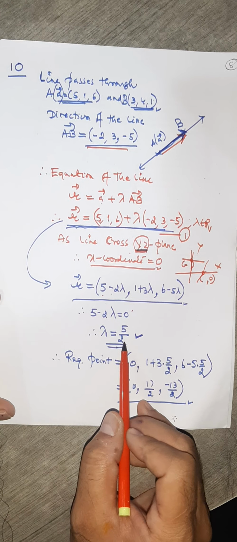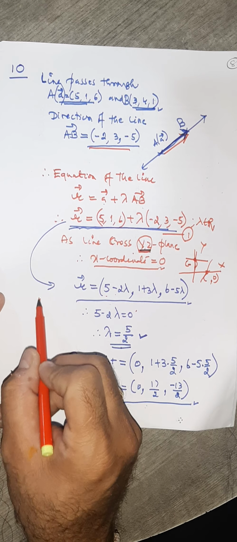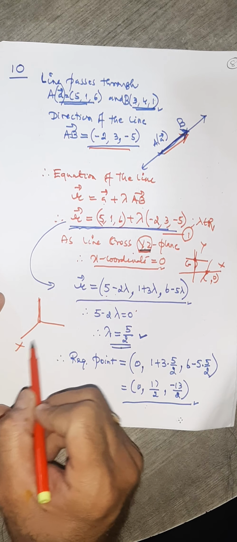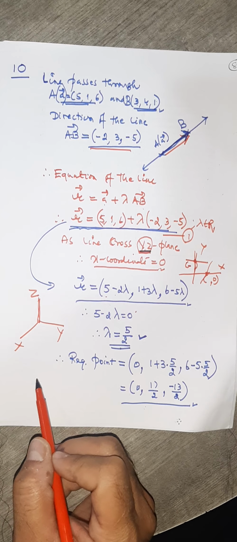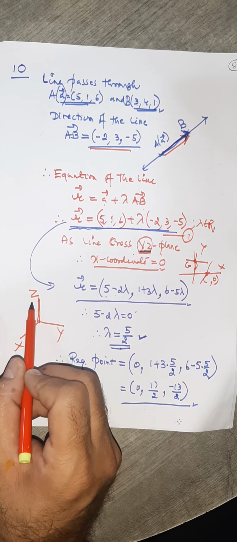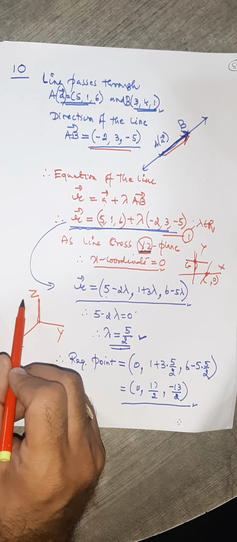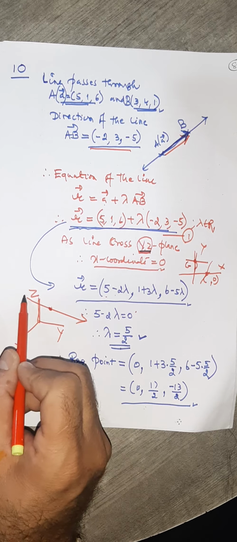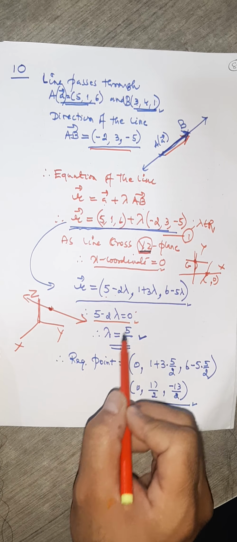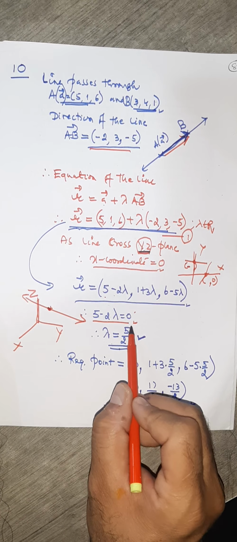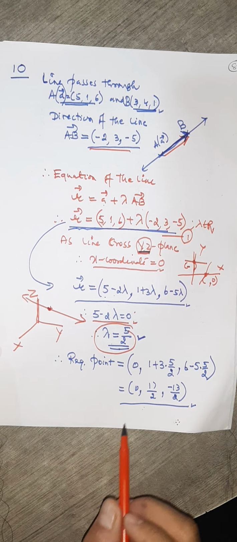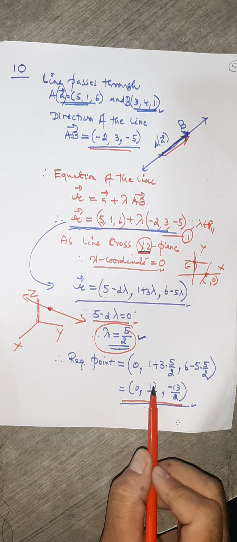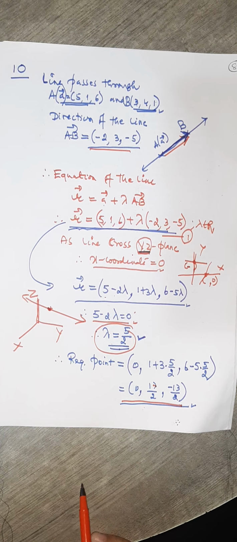So when lambda is 5 by 2, this line will cross the YZ plane, like this, where the X coordinate must be 0 for this value of lambda. And then in turn, placing the value of lambda over here, you will get the required point where the line crosses the YZ plane.